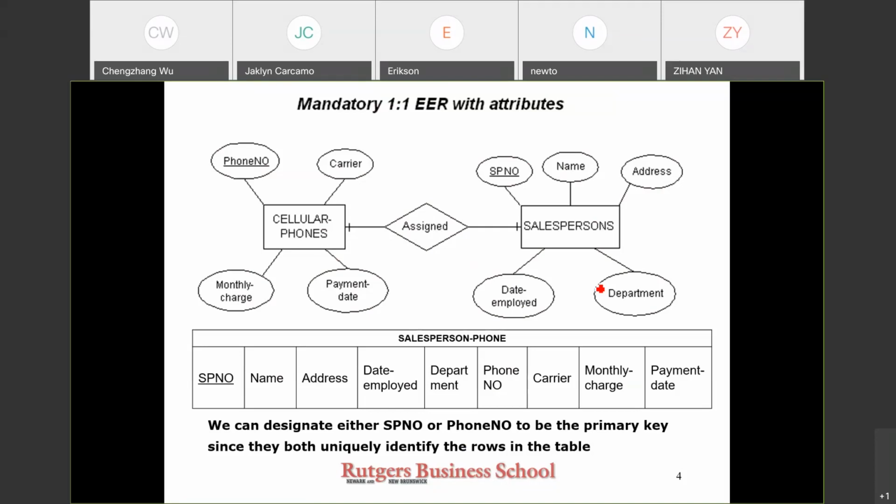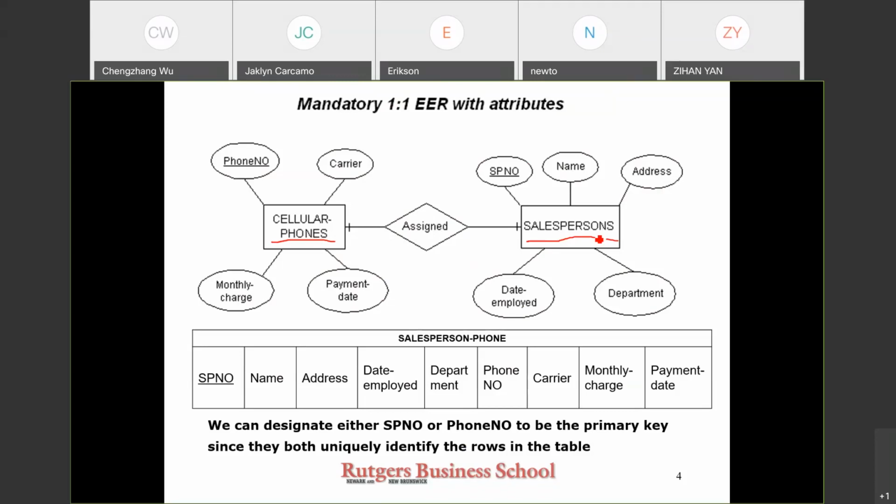Two entities are cellular phone and salespersons. Okay, now you should be able to interpret the above ER diagram based on our discussion in chapter 8.